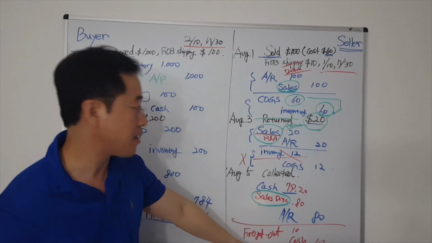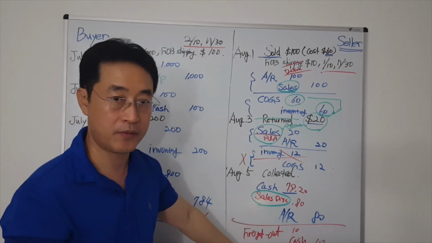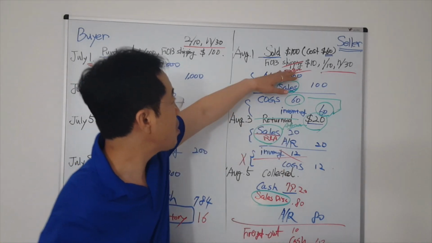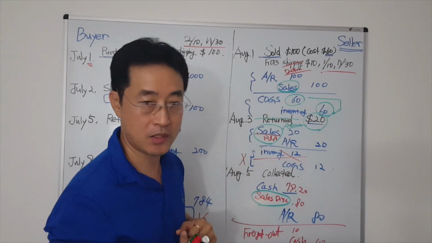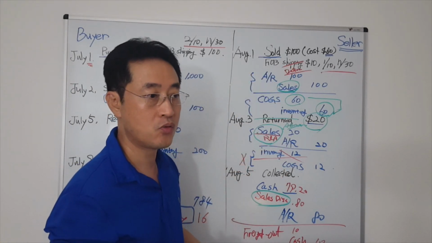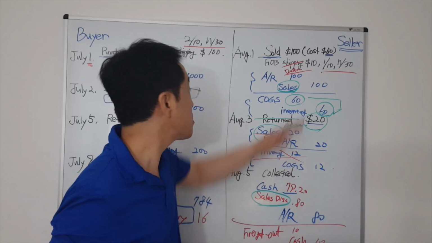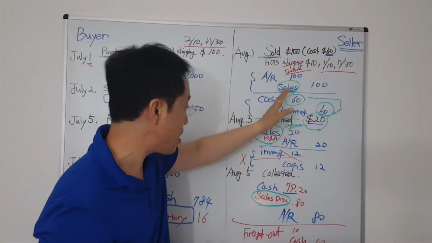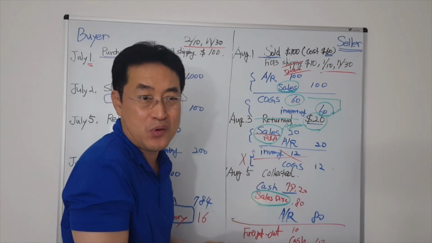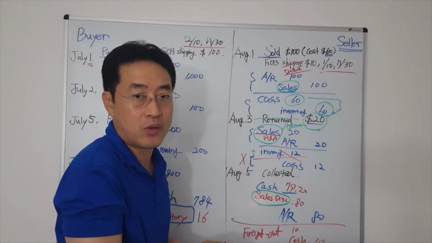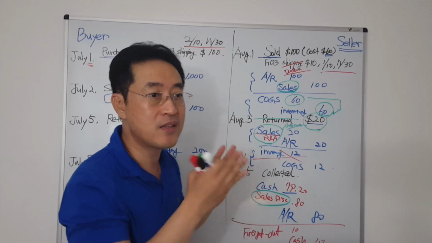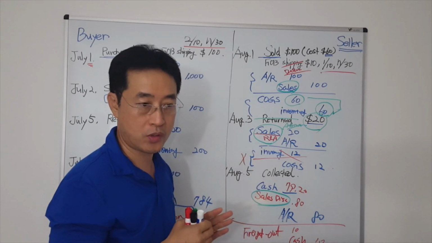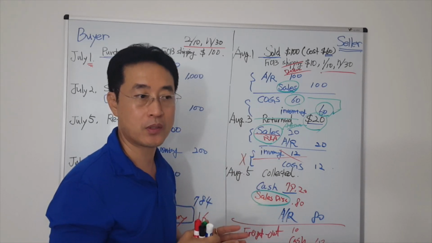What about this freight from the seller's point of view? Because we have FOB destination, $10, who's going to pay? The seller has to pay in this case. So when we pay $10, is that before the goods are on the shelf? No, that's after. That's not part of cost of goods sold.